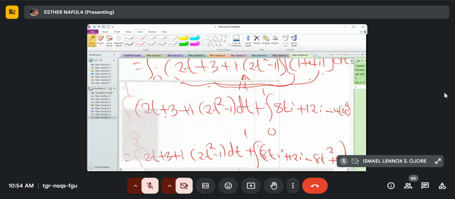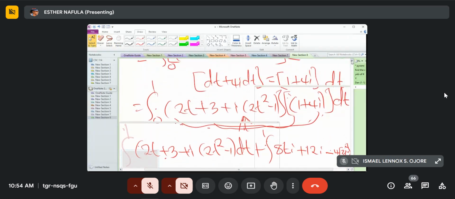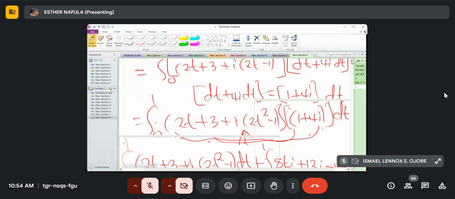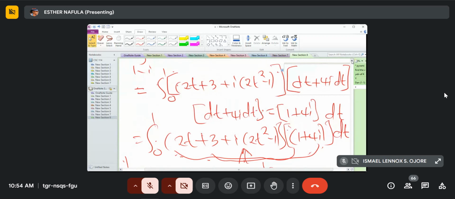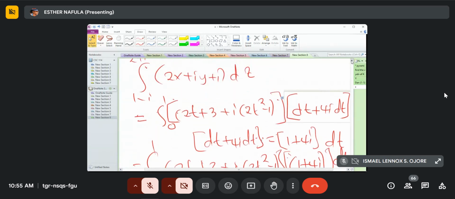We must have left out something. Our dz is dt plus 4it. There was a t somewhere. There is a t, so that affects the second part of the expansion.